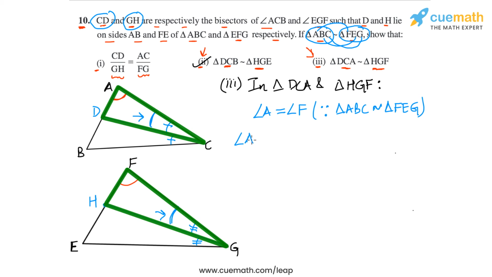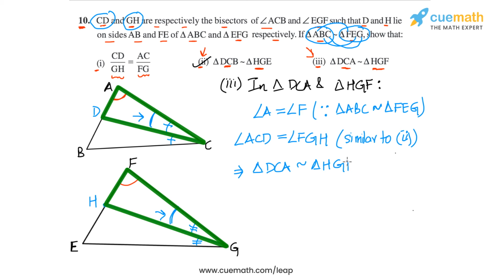So angle ACD will be equal to angle FGH, and the reason is similar to part 2. The same thing applies here as well, and therefore we can now say that the two triangles will be similar by AA similarity. So triangle DCA will be similar to triangle HGF using the AA similarity criterion.